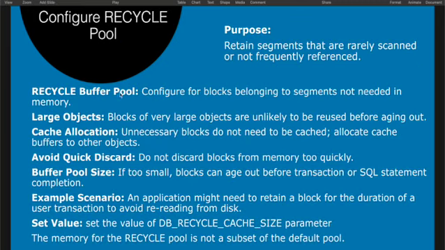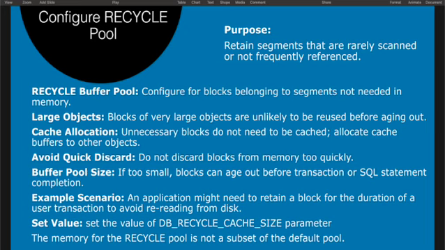To configure the keep pool, compute an approximate size of the keep buffer pool. The size of the keep buffer pool depends on the objects to be kept in the buffer cache.